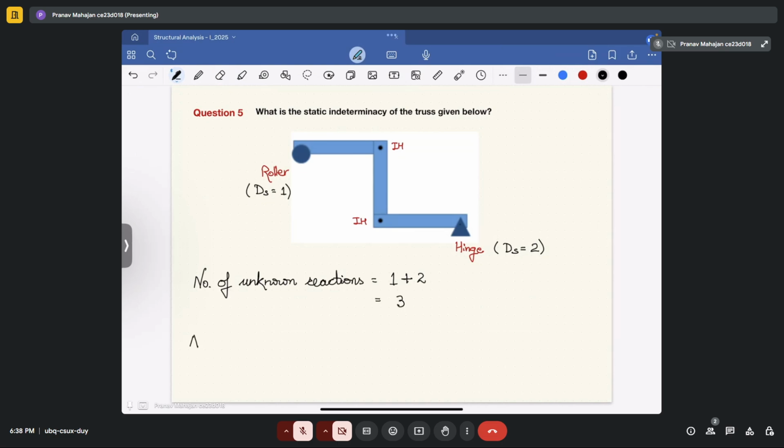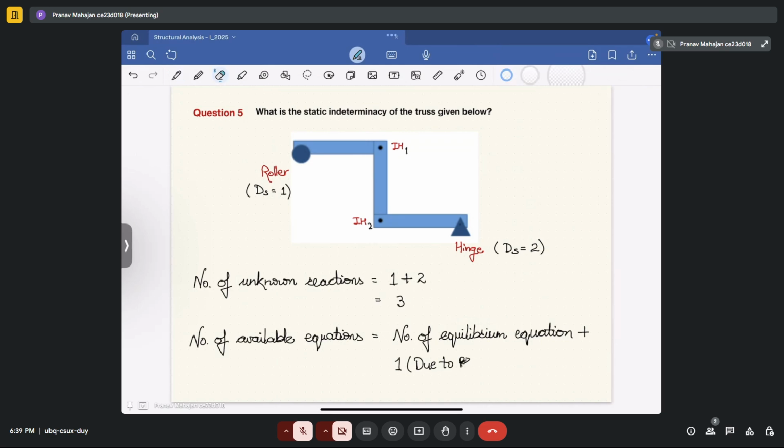Now talking about number of available equations. So in this case, your number of available equations will be equal to number of equilibrium equations plus 1, in bracket I am writing, due to internal hinge 1, and plus 1, this is due to, I think I will write with some other color, that will be easy for you to understand.